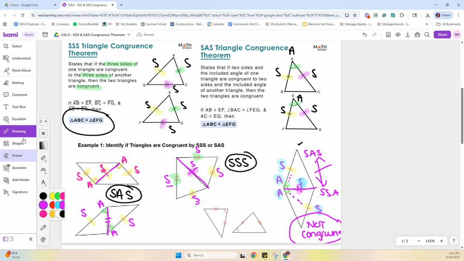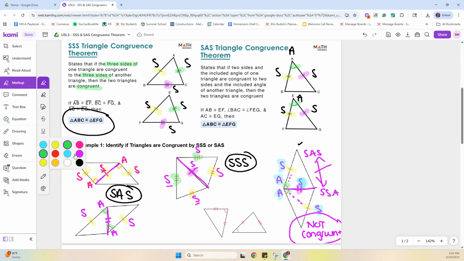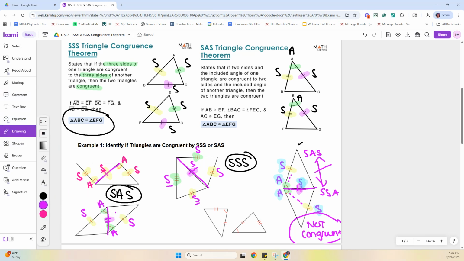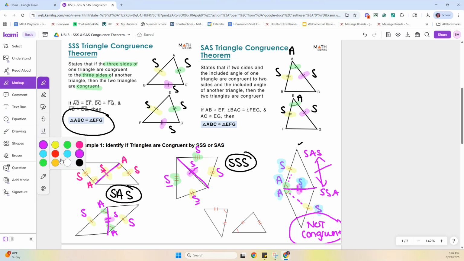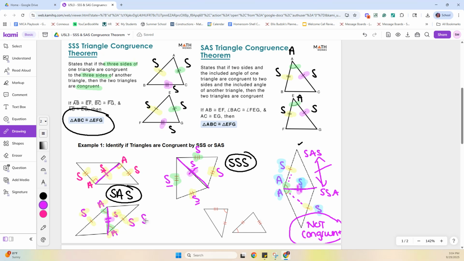So that's going to be our side length. So for this one, I do see that I have an order that I'm going in, which is good. I have a side, an angle, and a side. If I test out the same thing, I have a side, an angle, and a side. Okay, so this one would be side, angle, side.